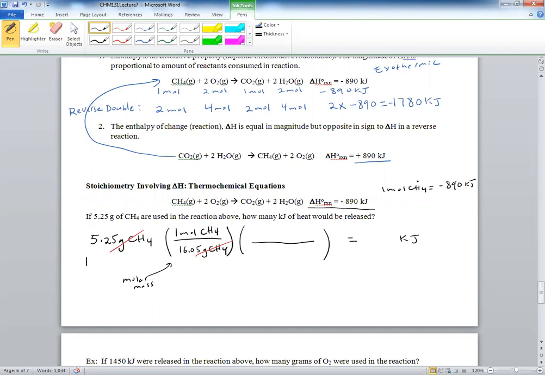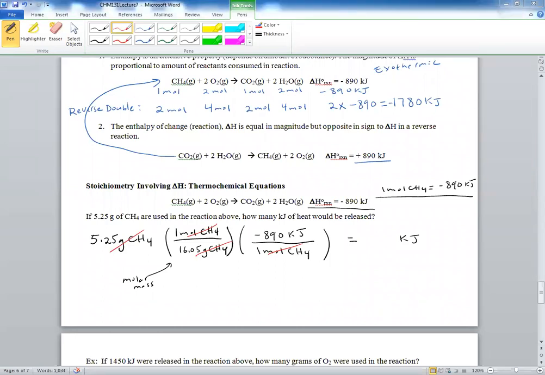So that means that here's my other conversion factor. 1 mole of CH4 is negative 890 kilojoules, and they would cancel out like that.